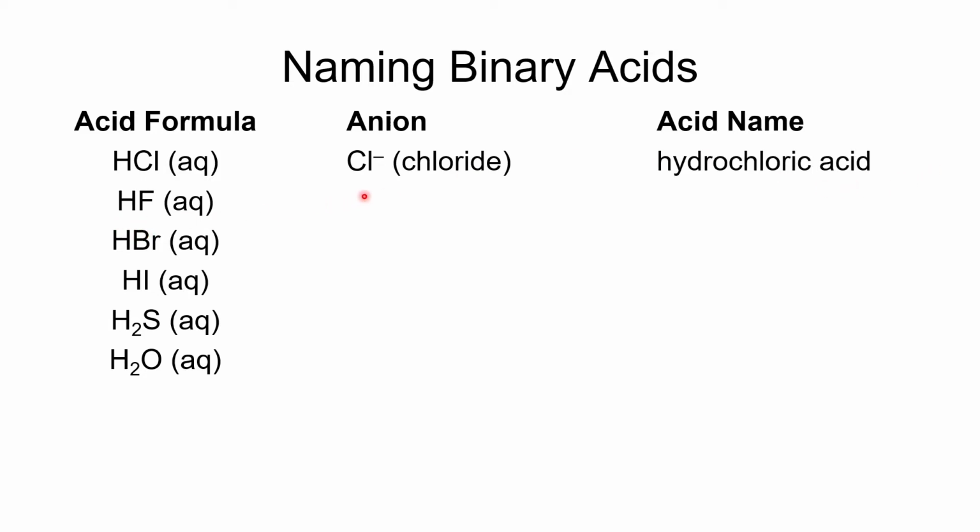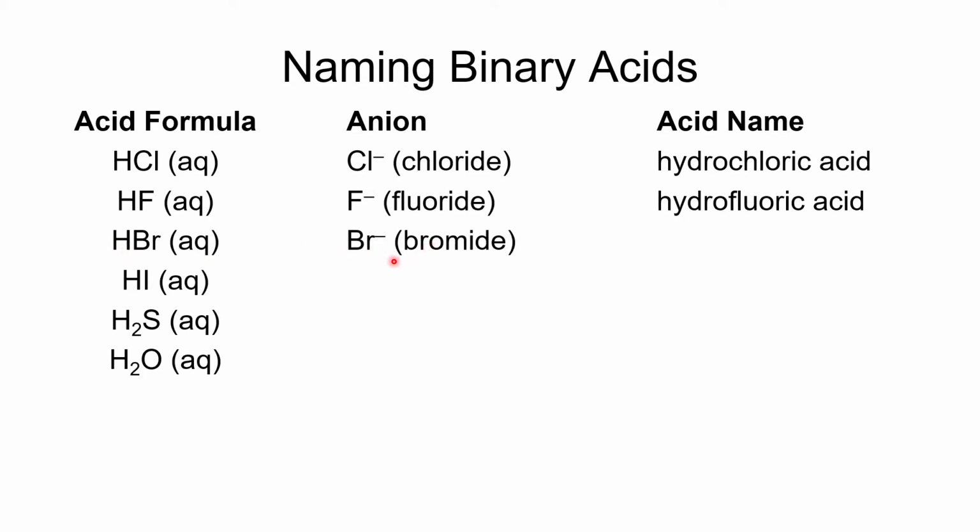HF, again, that's fluoride, and so when we put that, we'll have hydro out front and change the ending to "ic." It'll be hydrofluoric acid. Bromide, so HBr, we remove the hydrogen, we get bromide, and so this will be hydrobromic acid. So hydrobromic acid.